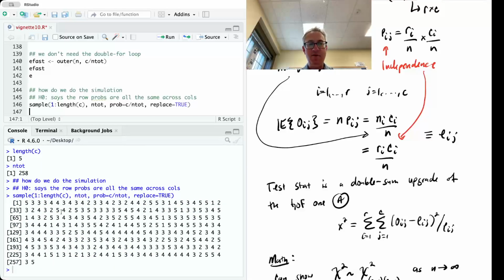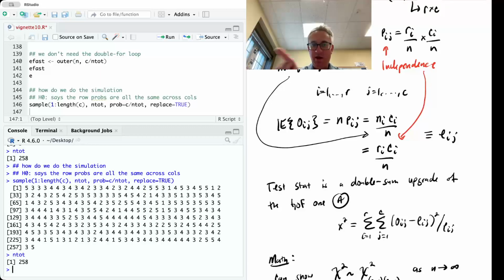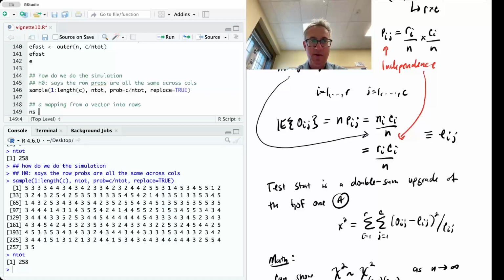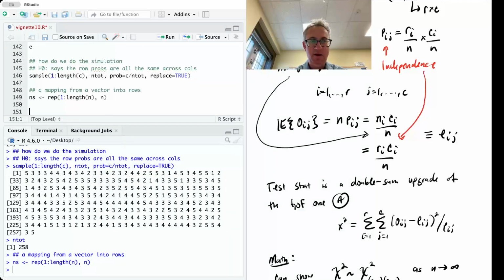Okay, so this gives me a sample that I just need to then arrange into a table, right? This has N tot entries, and I just need to interpret that across the rows of the table. So I have to make another set of indices that helps me map that. A mapping from a vector into rows, I can get by writing the n's down as rep 1 to length n of n, and then I can combine rows and columns with the table command.